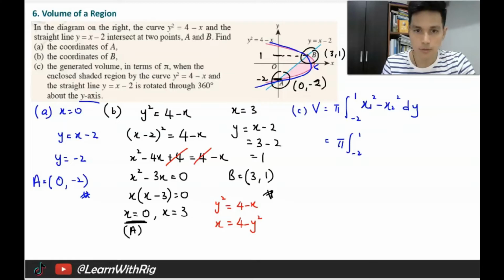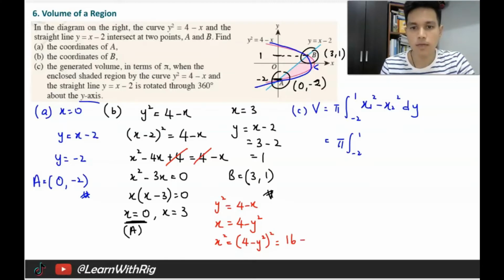So you're looking for x squared, right? So x squared would be equal to, you have to square this as well, so you should get 16 minus 8y squared plus y to the power 4. Okay, so this is for x1. Now you want the second one, which is x2. x2 is the straight line.